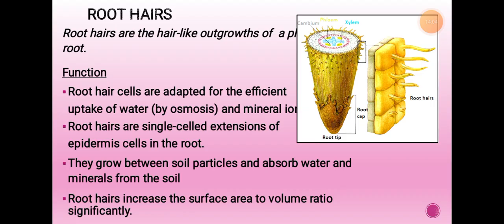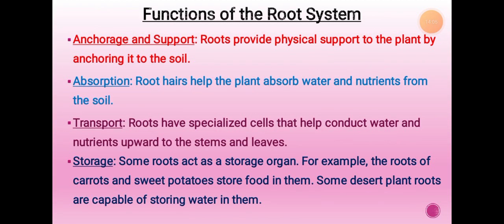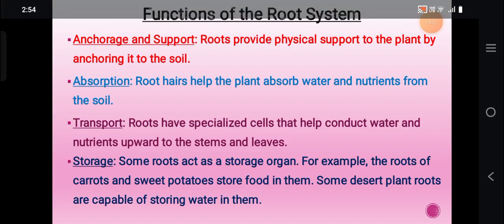Okay, so I hope now you understand the functions of a root system: anchorage and support, absorption, transport, and storage. These are all very important and vital functions played by the root system.